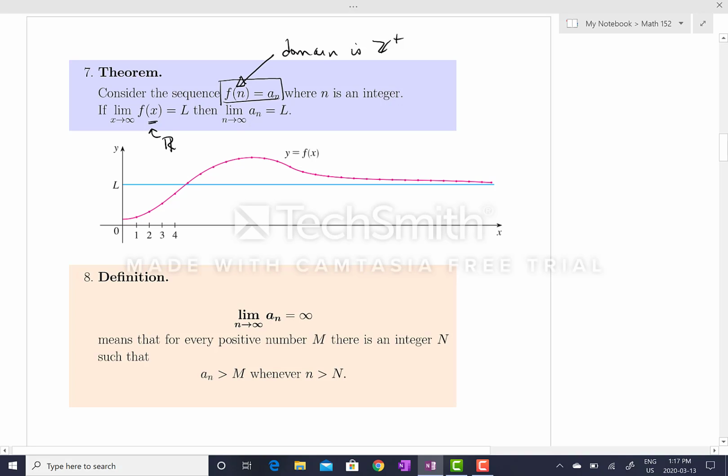And if the limit of the sequence approaches L, then the limit of the corresponding continuous function also approaches L. We're taking that to be a theorem.